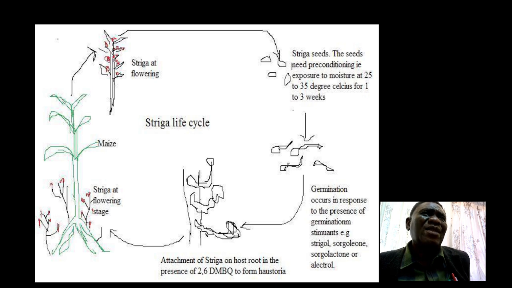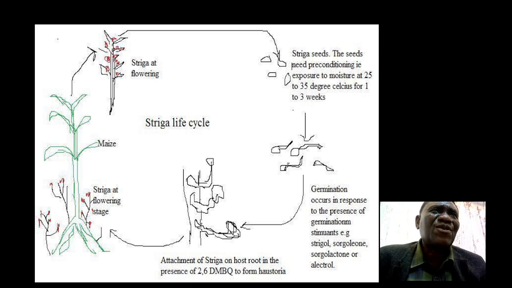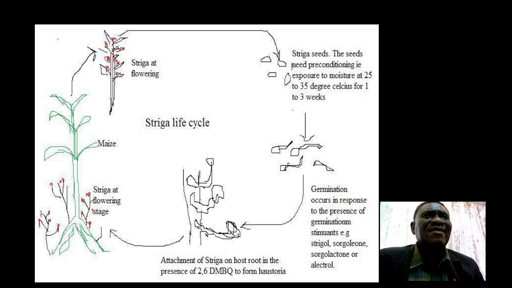Now, once you have a germinated striga seed, it needs attachment to the root of the host. And for attachment to take place, it requires what are known as host initiation factors.